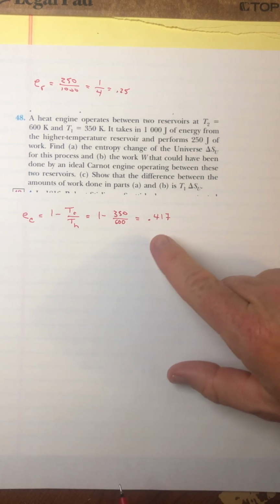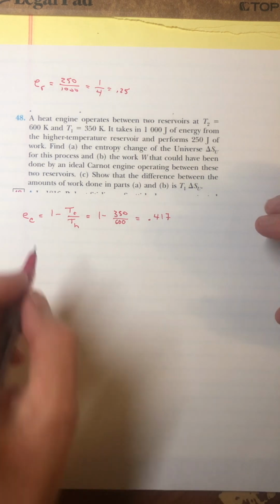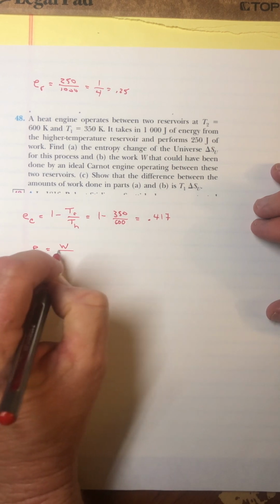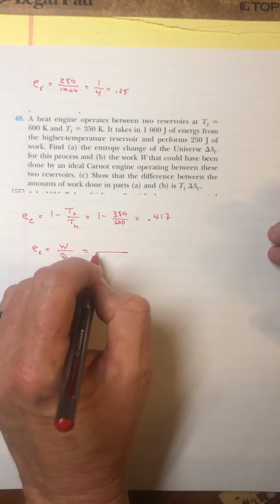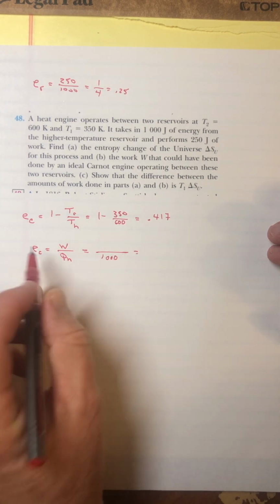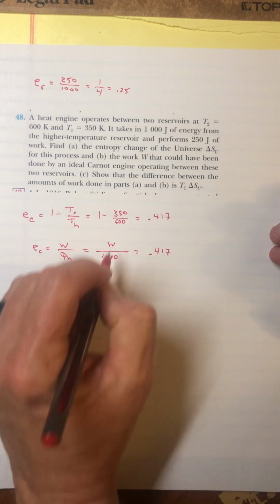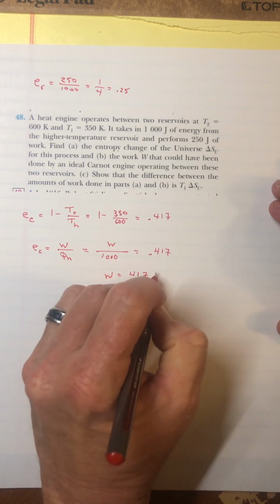Okay, so this is what it could be, which meant if we then looked at a Carnot efficiency and said work compared to the heat put in, and then this being 1,000 and the Carnot efficiency being 417, this is how much work we could get.